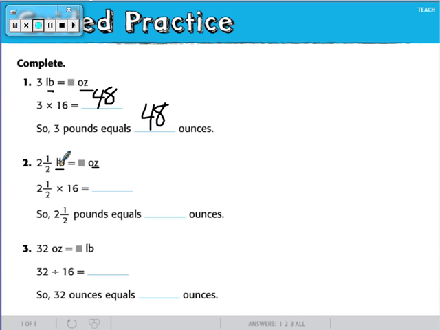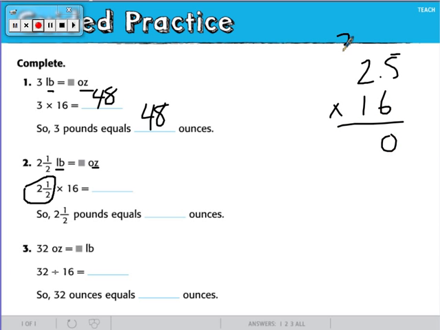Next one, we're going from pounds to ounces, so we're going from big to small. Now this is tricky. We have 2 different ways we can do this. We can change this to 2.5, so let's do that way first. 2.5 times 16.